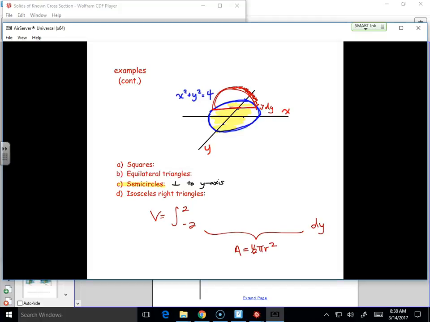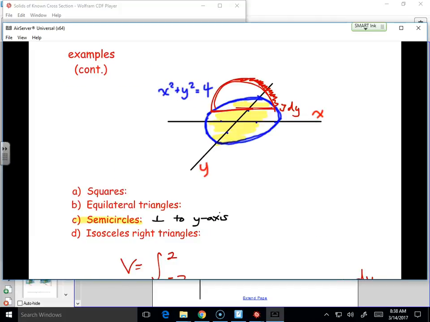1/2 pi r squared. Wait, where's the r in the picture? Is it right here? So how would I state r? Is it right minus left? Ooh, it's 1/2 right minus left.